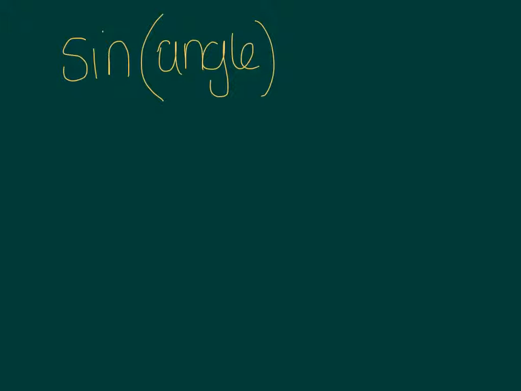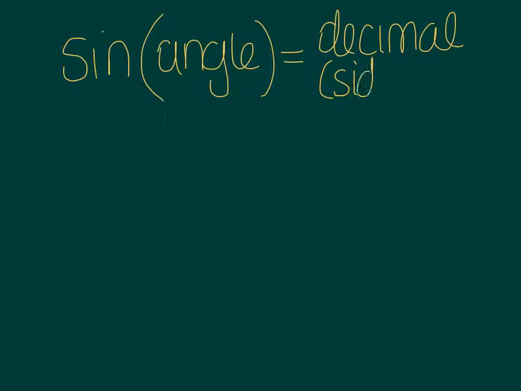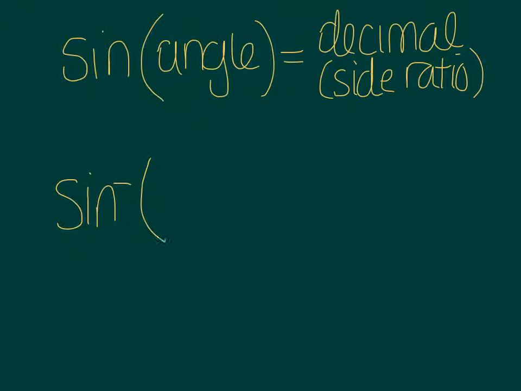Let me quickly recap that. The sine function takes an angle and gives you a decimal that represents the side ratio. The inverse sine does the opposite.